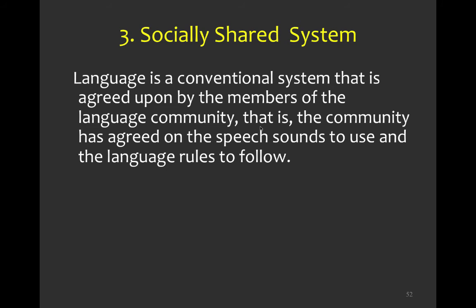Okay, so socially shared system. Language is a conventional system that is agreed upon by the members of the language community. That is, the community has agreed on the speech sounds or the phonemes to use and the language rules to follow.